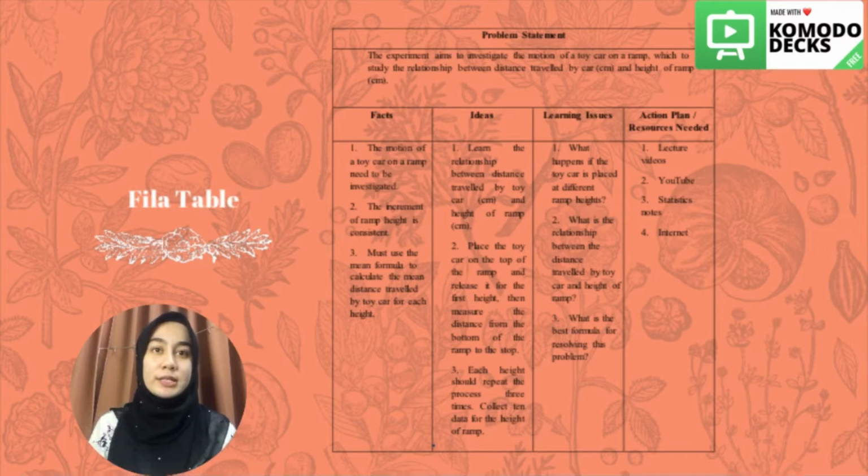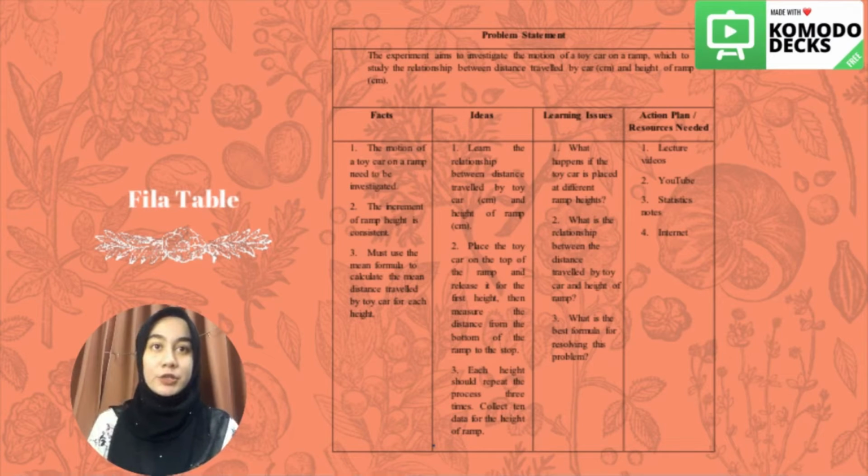Then measure the distance from the bottom of the ramp to where it stops. Third, for each height, repeat the process 3 times. Collect 10 data for the height of the ramp. Each height, so in total we have 10 data.